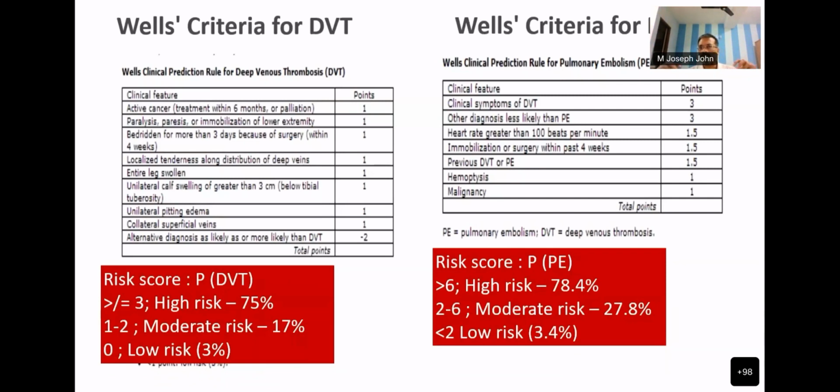Doing the risk stratification or the Wells criteria is to improve the pre-test probability by adding certain numbers from the population. We are saying there is a 17% chance that he may have a thrombus, and therefore we do a particular test.